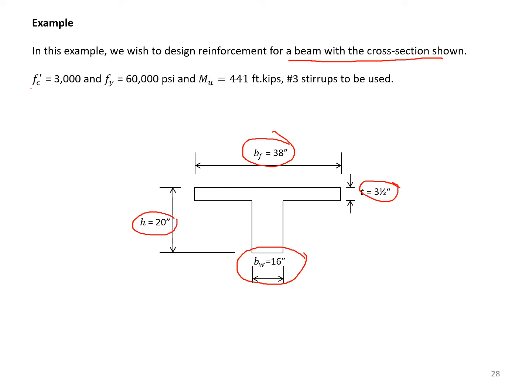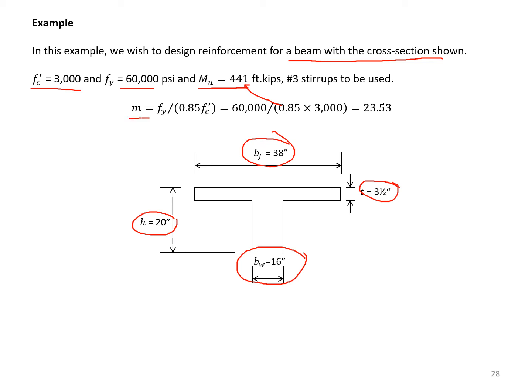The materials selected: f'c is 3000 psi, Fy is 60,000 psi. Mu is given to us as 441 foot-kips, which is obtained based on some type of structural analysis, with number 3 stirrups to be used. And don't forget that Mu includes all the pertinent load factors.